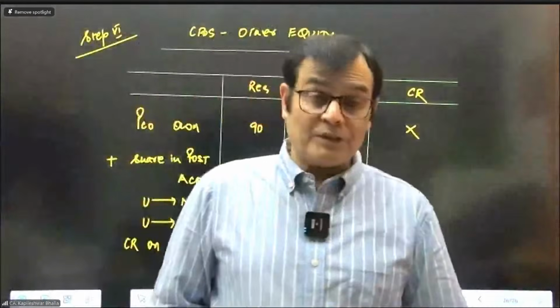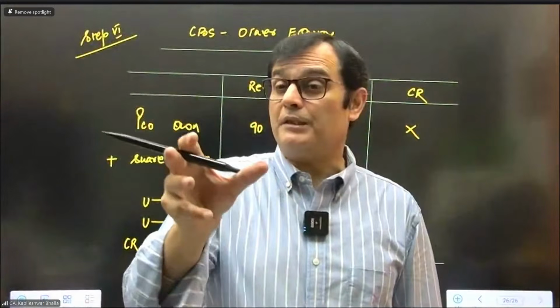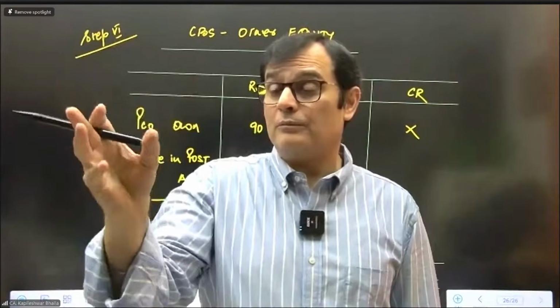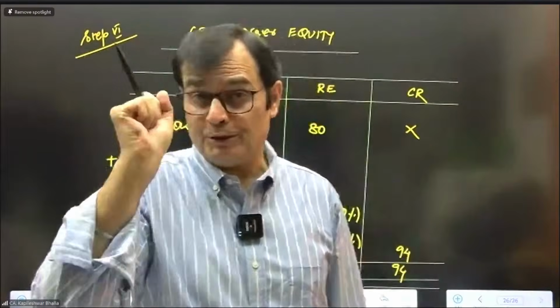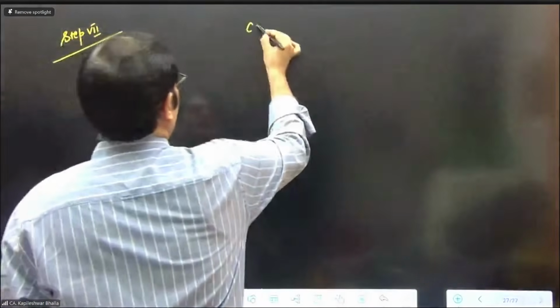Now, once you're making the consolidated balance sheet, you've got effectively 3 companies, the parent and the 2 subsidiaries. So we need 4 columns: parent, 2 subsidiaries, adjustments, and the total. So let's go to the step number 7, making a consolidated balance sheet.